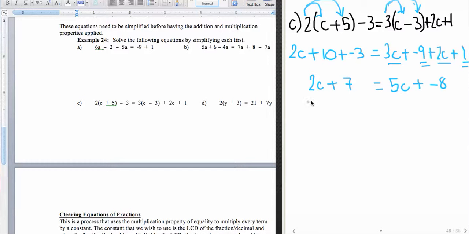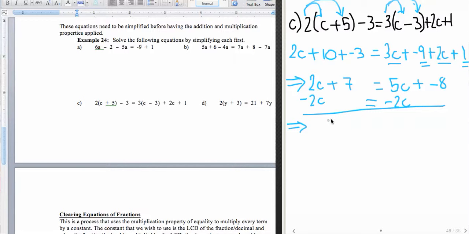Now from there, I have a simplified algebraic equation. And from this simplified algebraic equation, what I want to do is I want to move the variables to one side. The 5c is larger over here, so I'm going to add the opposite of 2c to both sides so I can get all the c's together. And I'm going to put that equal sign in there to show you that those are equal.